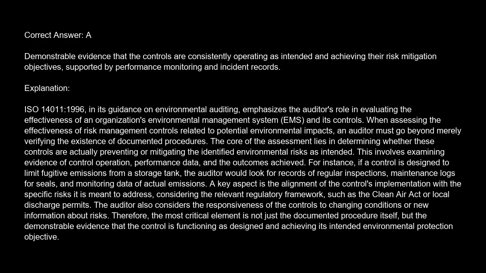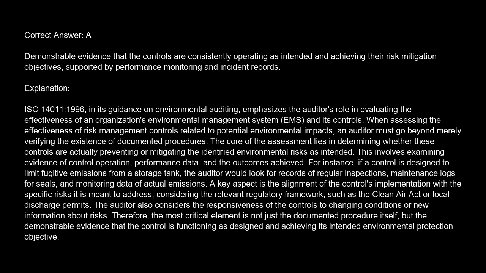When assessing the effectiveness of risk management controls related to potential environmental impacts, an auditor must go beyond merely verifying the existence of documented procedures. The core of the assessment lies in determining whether these controls are actually preventing or mitigating the identified environmental risks as intended.